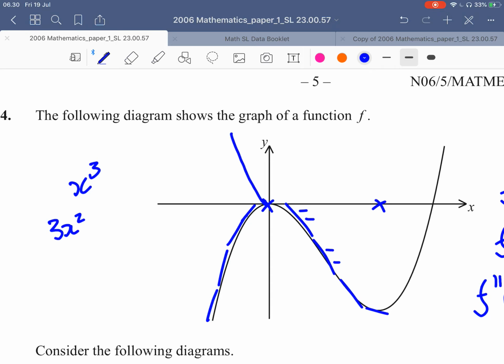The tangent is negative, so the derivative is going to be in this region. But then once it gets up to here, it changes from negative to positive, so it's going to flip back up into the positive region. So you can just reason through that it's going to look something like this.